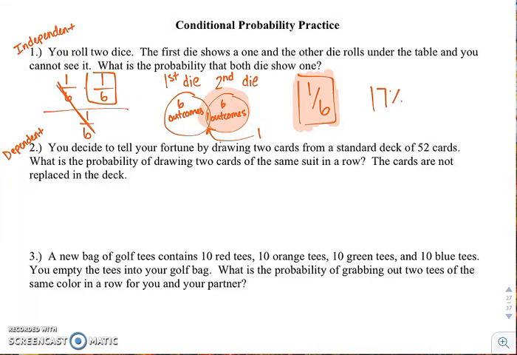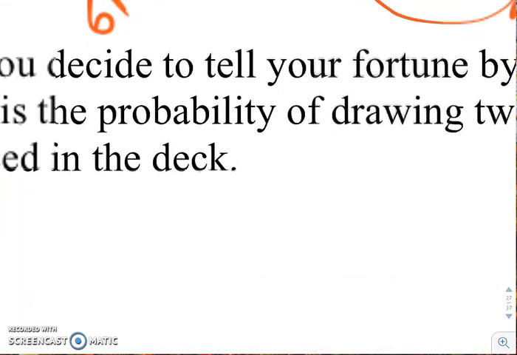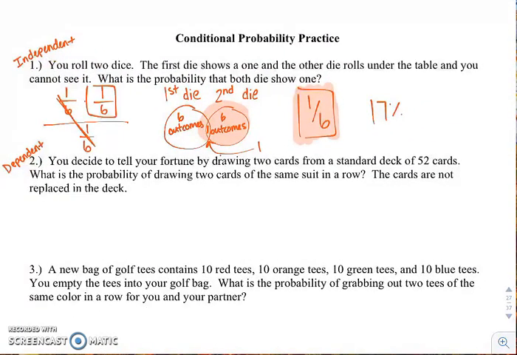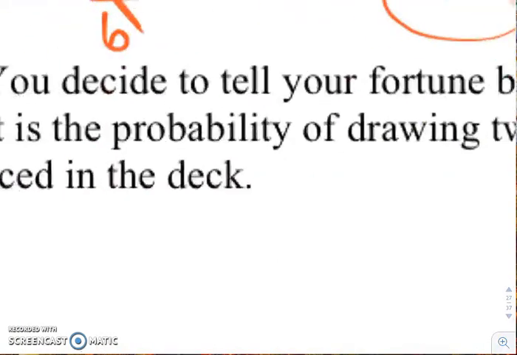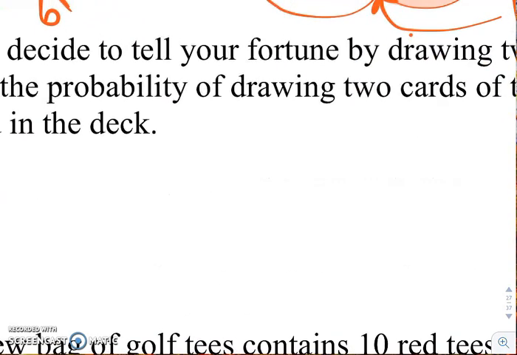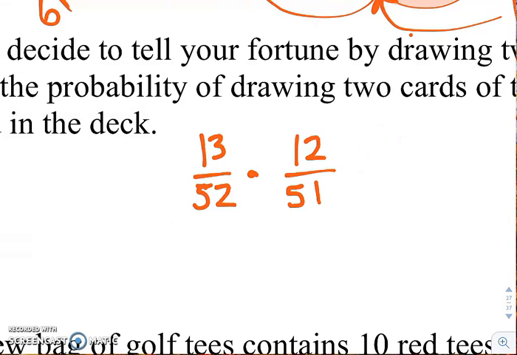So the probability of your first event, and we are drawing cards of the same suit, so 13 cards in a suit, is 13 out of 52. Now if the card is not replaced, for picking that second card, there's 1 less in the suit and 1 less card in the deck.